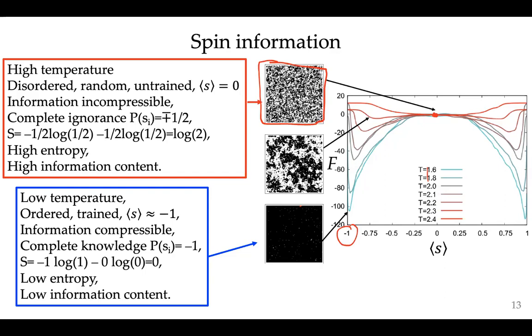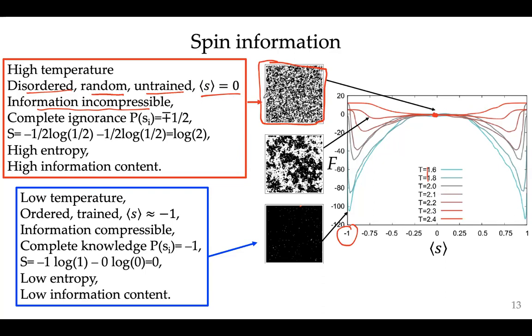The heat breaks that alignment. So this phase is disordered, it's random, and it's untrained in the sense of machine learning. This is not the minimum of the loss function. The magnetization is 0. Here the information is incompressible. The information is completely random. We cannot really compress it. There is complete ignorance here.